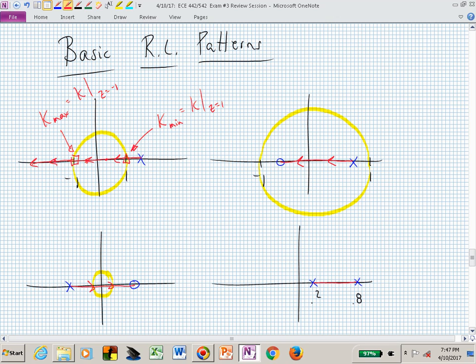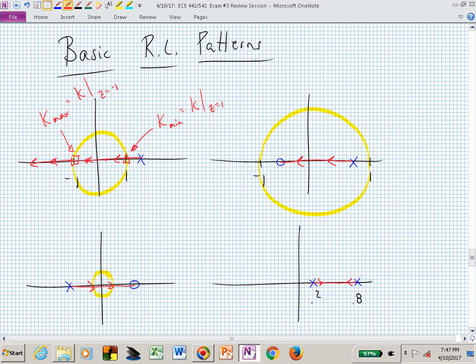I have 2 branches on that one real line segment that is a part of the root locus. Now I only have 2 poles. This guy goes right, this guy goes left. What happens now? They meet in the middle and they go off at plus and minus 90 degrees.